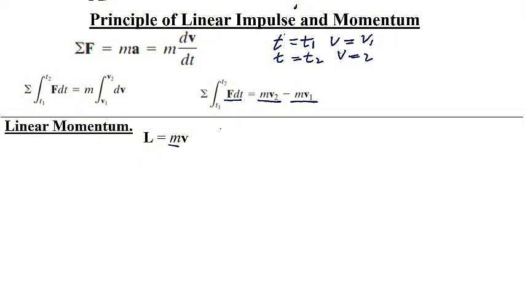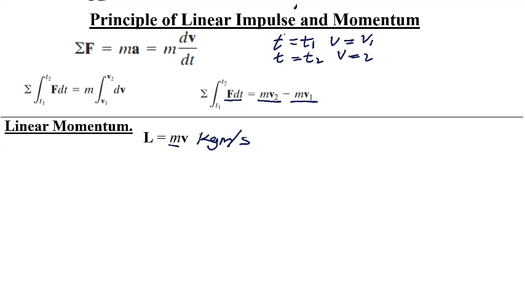So this will be kg meters per second, where kg is for the mass and meters per second is for the velocity.